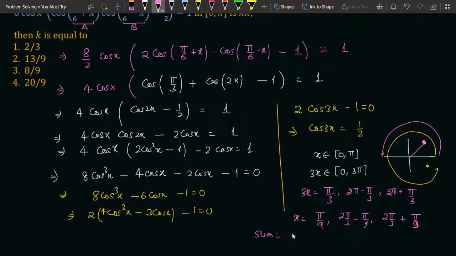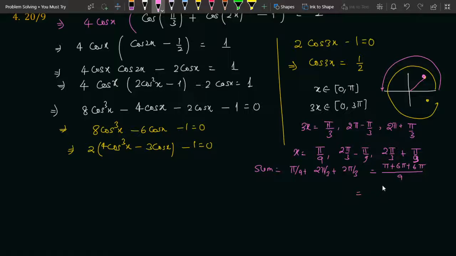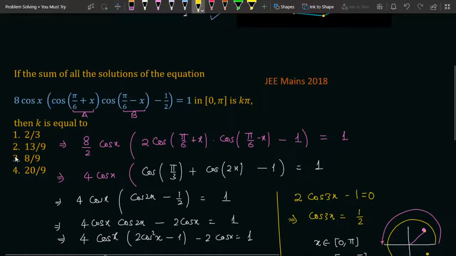So we will have only pi by 9 plus 2 pi over 3 plus 2 pi over 3, and that will give us 13 pi by 9. And when we compare this with k pi, we will get k is equal to 13 by 9, and that is our final answer, which is option number 2.